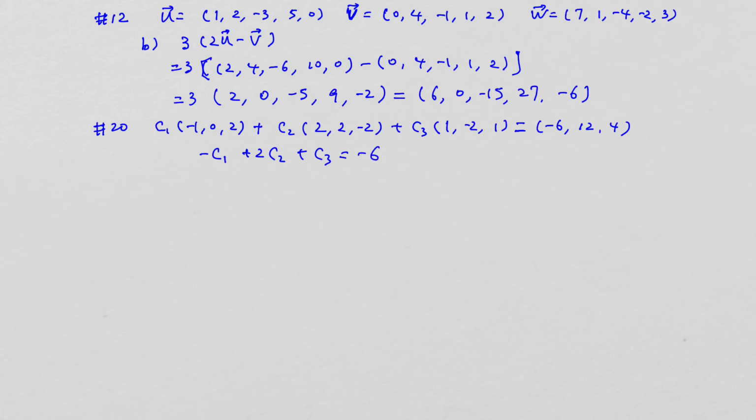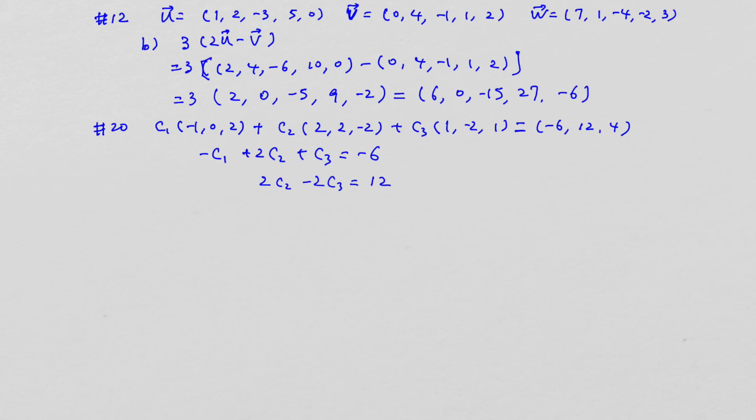And then you go to the second one. With C1 it's 0, so that's very nice. And then 2C2, and then minus 2C3 equals 12.